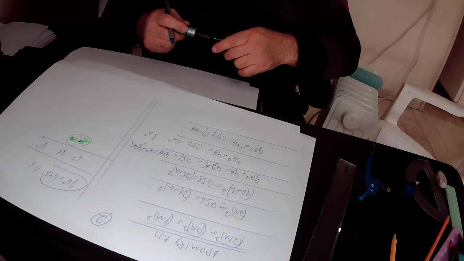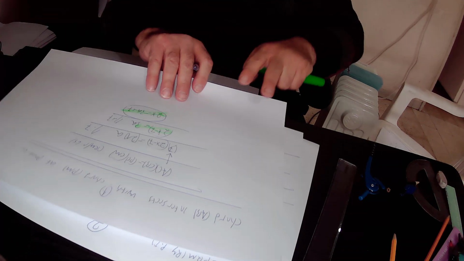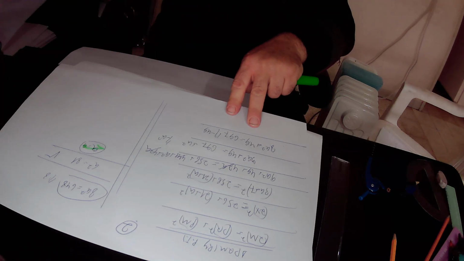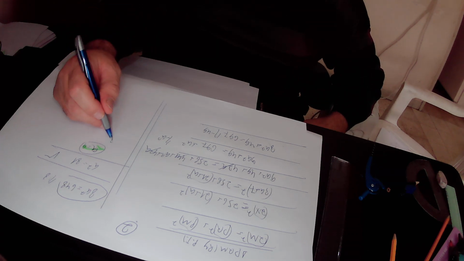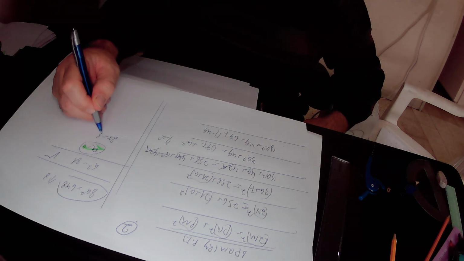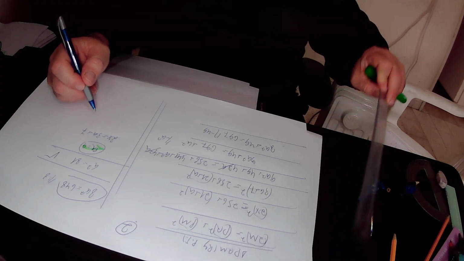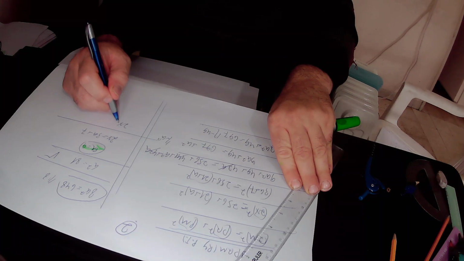So we already found out that 2x equals 3a plus 7. So we copy this equation here: 2x equals 3a plus 7. So 2x equals 3a.